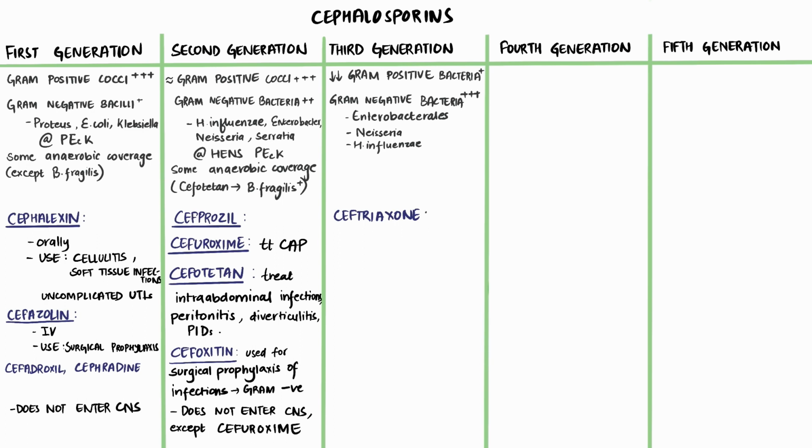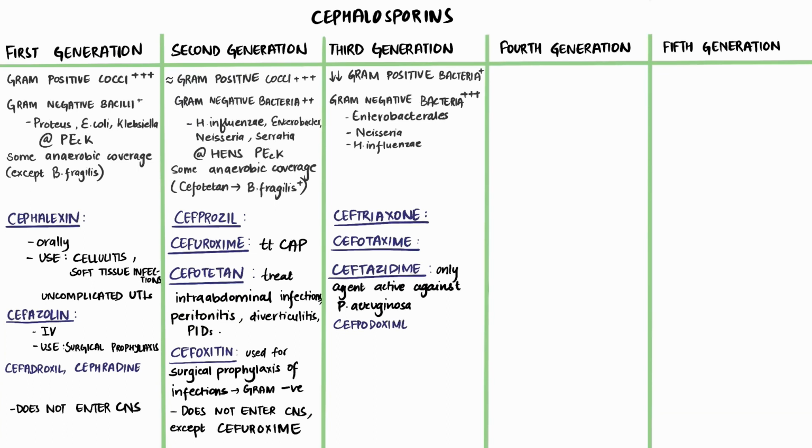The others include cefotaxime and ceftazidime. This is the only agent in the third generation that is active against Pseudomonas aeruginosa. And lastly, we have cefpodoxime. These third generation cephalosporins are mainly used in treatment of serious infections such as sepsis, also in meningitis, gonorrhea, and treatment of advanced Lyme disease. Most of the third generation cephalosporins enter the central nervous system.